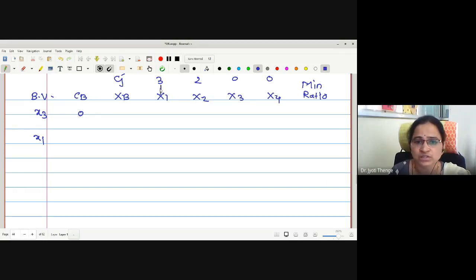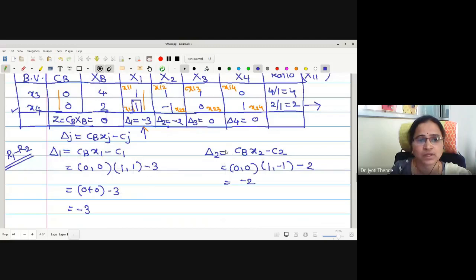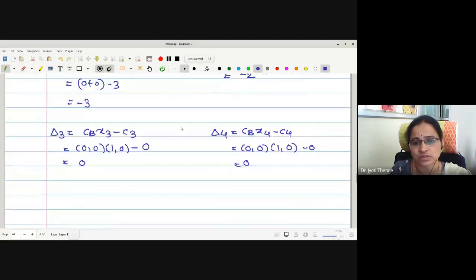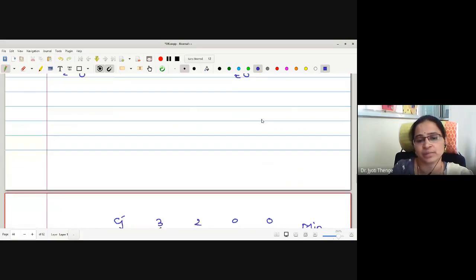For X1, what is the cost? It's 3. Right? Now, we will keep the second row as it is: 0, 2, 1, minus 1, 0, 1. Second row we have kept as it is.